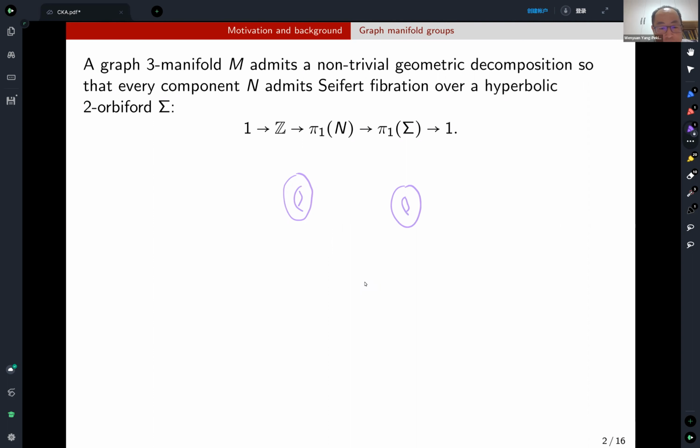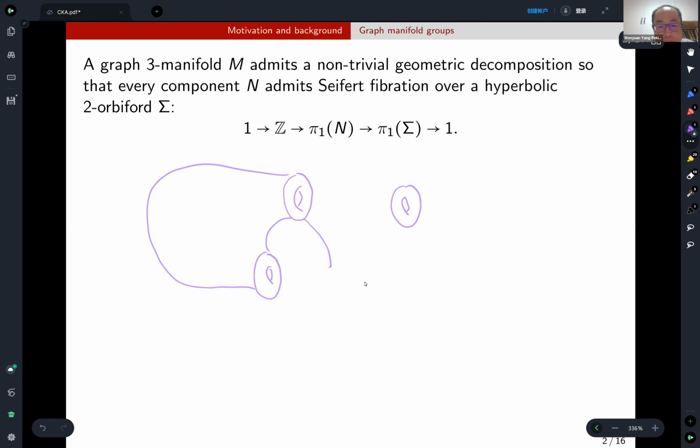So here, for instance, I made a cartoon to give you some picture of what the graph manifold looks like. There are some pieces here. These are separated by some tori.